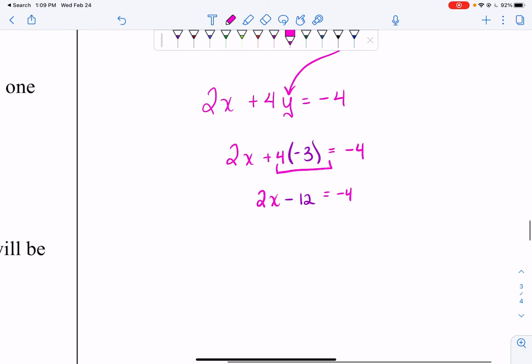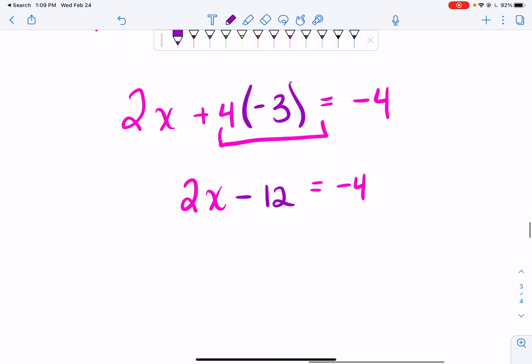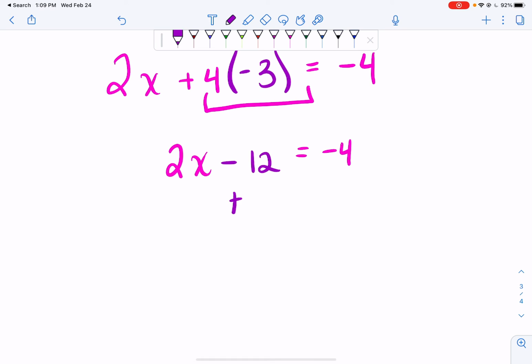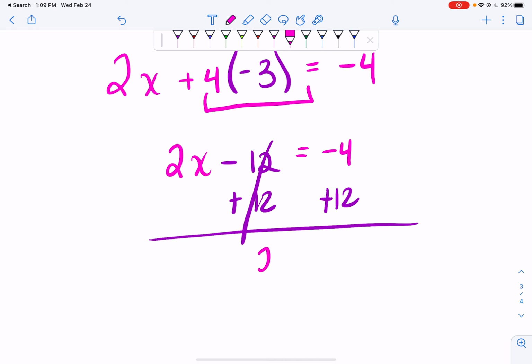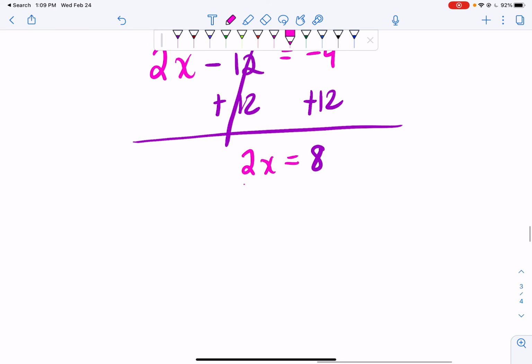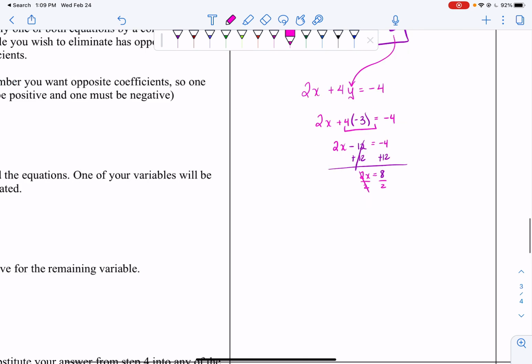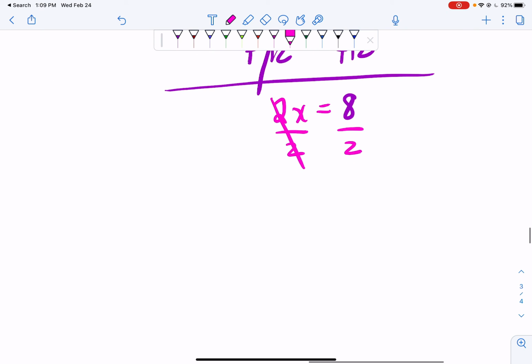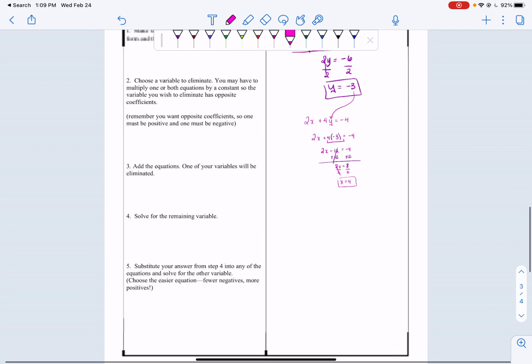Now what I'm going to do is add 12 to both sides of my equation so I can get 2x by itself. And I get 2x equals negative 4 plus 12, which is a positive 8. Now I'm going to divide both sides of my equation by 2 and get x is equal to 4. And now I've solved for both variables.